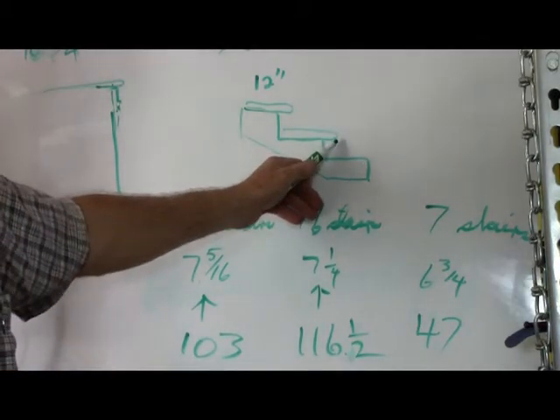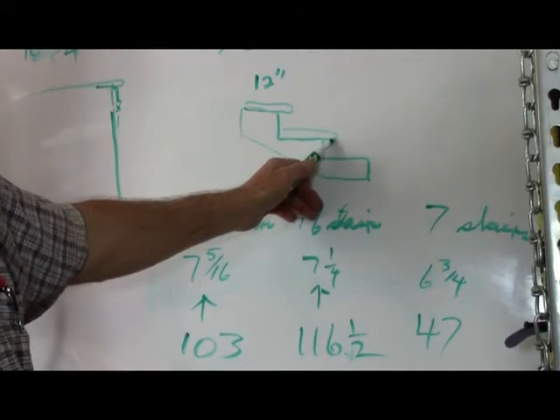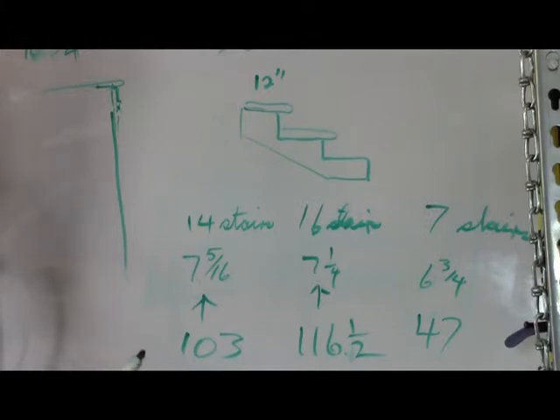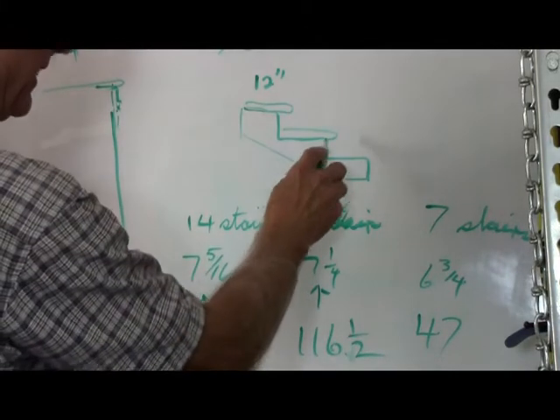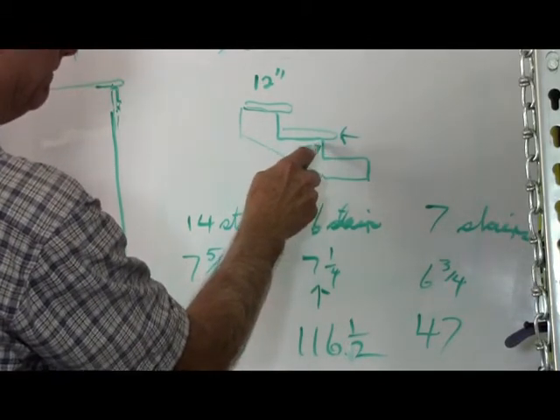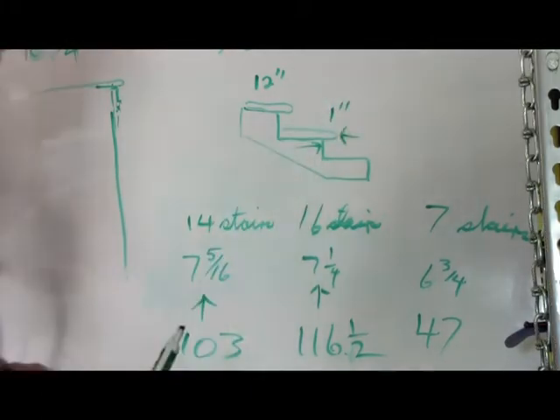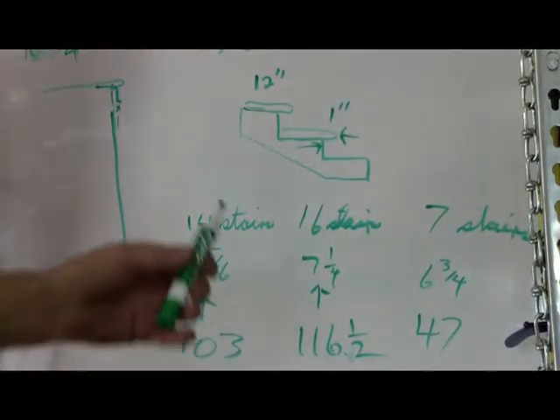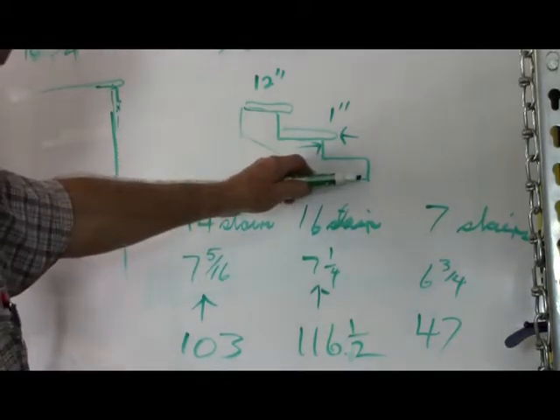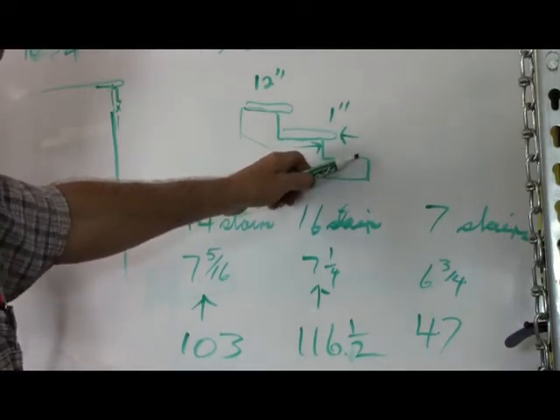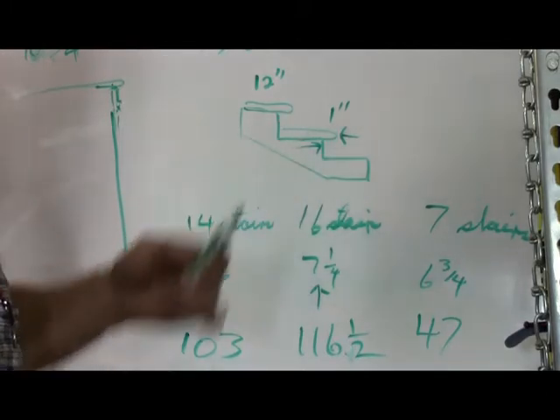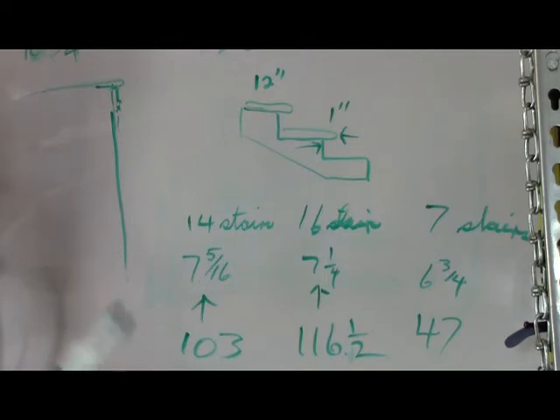But how much overhang are you going to have? You're going to have 3/4, but just to make it simple, I'm just going to say 1 inch. So we're going to take away 1 inch from here to here. So what that means is you've got your riser, 7 5/16, and you're going to come back 11 inches. And I'll explain that here in just a minute.